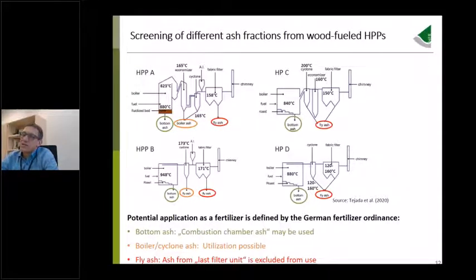And the ashes in between, which is boiler, cyclone ash, might not be utilized possibly. So generally speaking, if we're using fresh untreated wood, if we don't use waste wood, we mainly can use bottom ash as fertilizer, and the ash out of the last filter unit needs to be disposed.